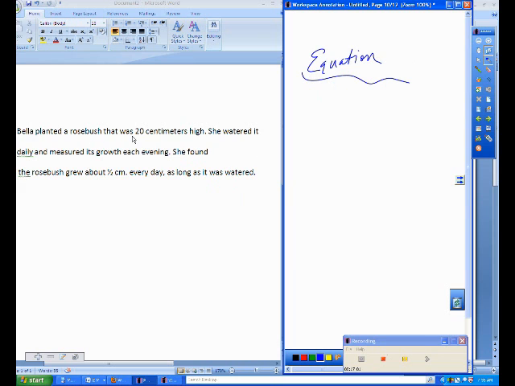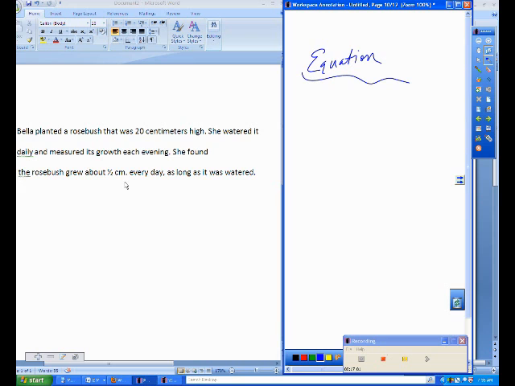So she planted a rose bush that was 20 centimeters high. She watered it daily and measured its growth each evening. She found the rose bush grew 1/2 centimeter each day as long as it was watered. So I want to find an equation to represent this situation.